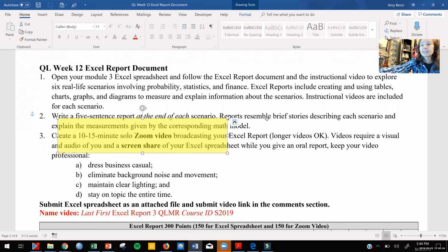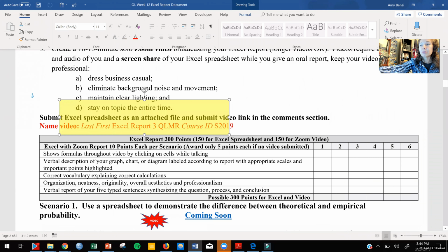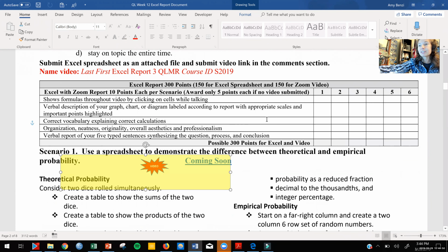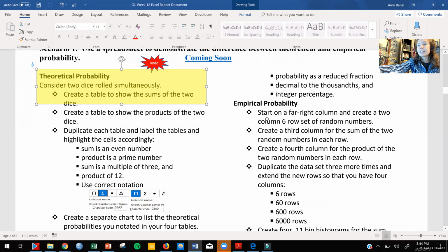Your guys' stuff is definitely portfolio worthy. Beautiful reports. Wow, seriously. All right, so we are going to study theoretical probability. We're going to do some experiments for empirical probability and calculate some odds in favor and odds against.